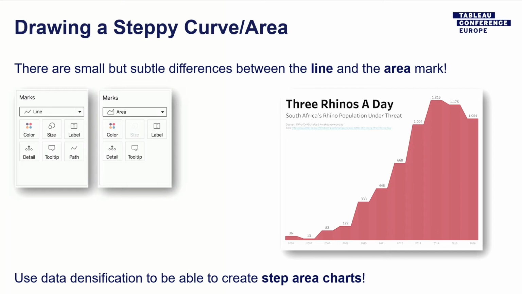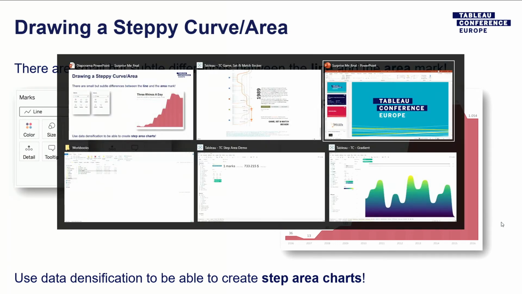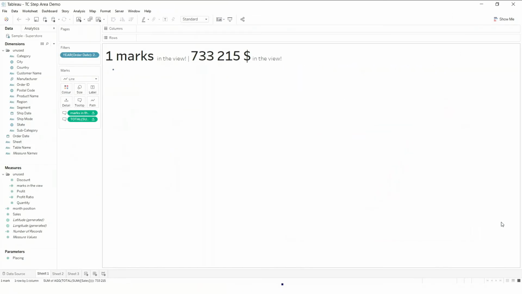That means for the line mark type, we can define an order to connect points, but we cannot do this for the area mark. For the area mark, the points are connected from the left to the right, and you can do nothing about it. So with the path card missing, we also don't have the option of a step area mark, so I had to become a little bit creative, and I will show you now how I did this.